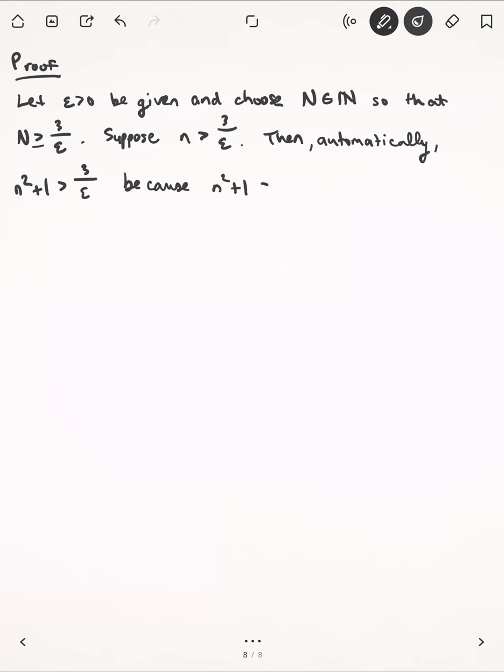Suppose little n is bigger than 3 over epsilon. Then, automatically, n squared plus 1 is bigger than 3 over epsilon, because n squared plus 1 is bigger than n, strictly.